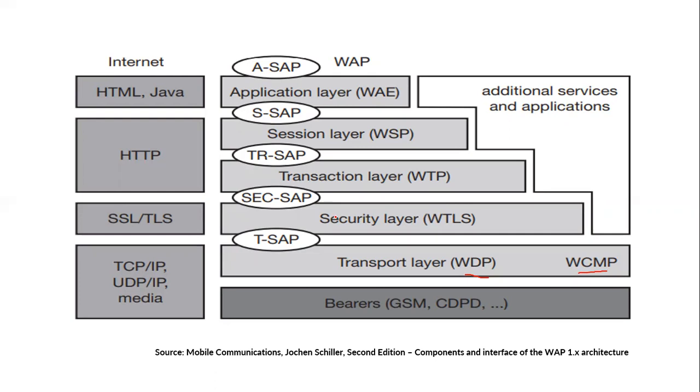What kind of security services can it offer? WTLS has been optimized for use in wireless networks with narrow band channels. It offers services like integrity, privacy, authentication, and denial of service protection. These are some of the services offered by WTLS.